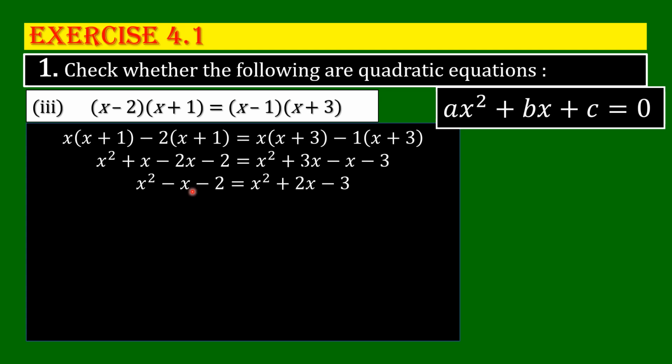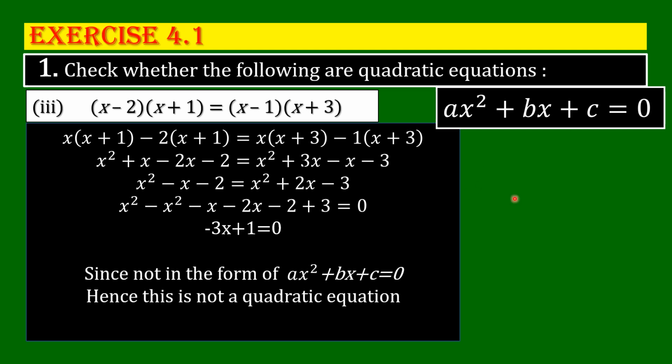Like terms, x minus 2x is minus x. Similarly here, 3x minus x is 2x. Then we'll shift to one side, x square minus x, this by transposing here, we'll get minus x square, minus x minus 2x minus 2, and this is minus here plus 3. Simple, by the transposing method we take all the terms to one side, and after simplifying we get minus 3x plus 1 is equal to 0. So clearly this is not in this form, right? And this is not a quadratic equation.